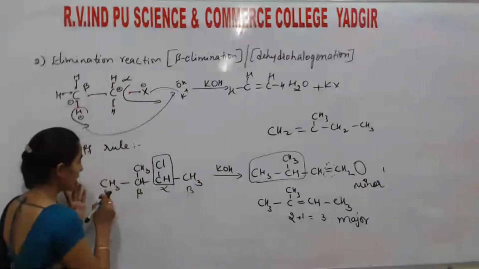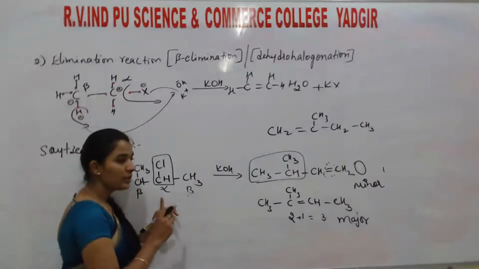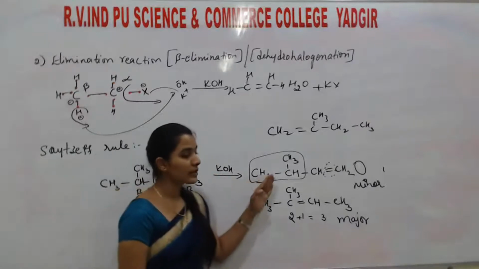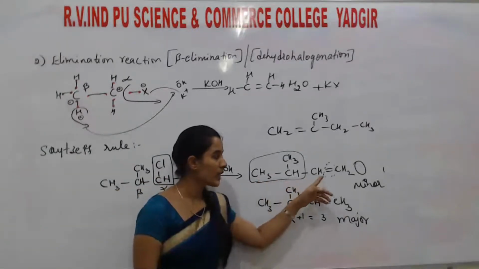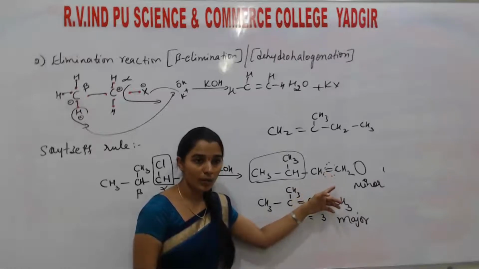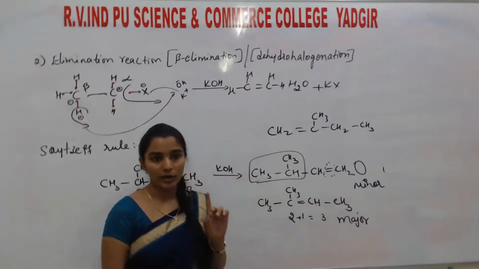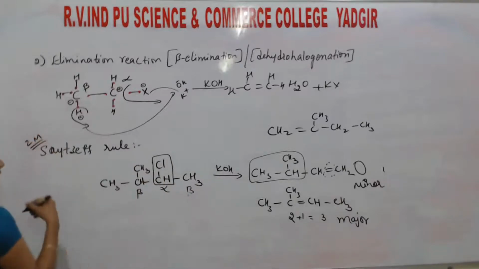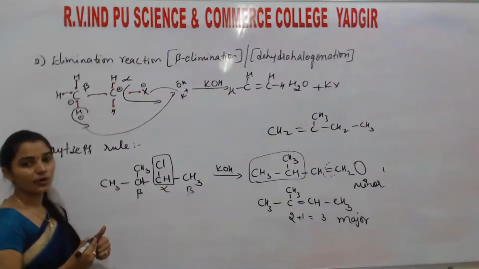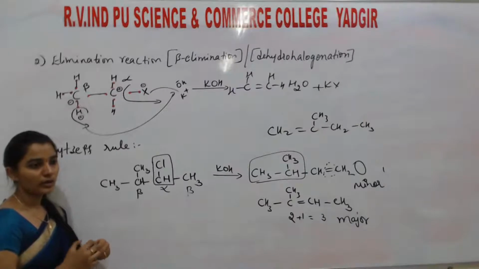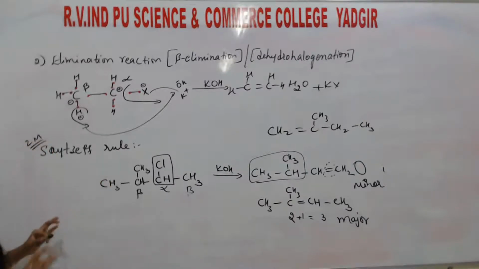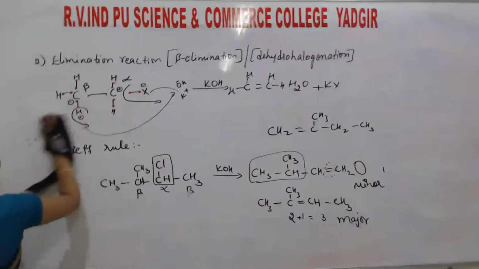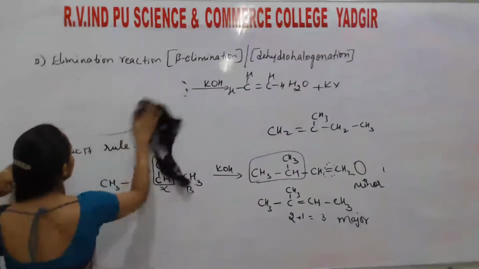If alkyl halides undergo beta elimination in presence of alcohol, then the more substituted alkyl groups on either side of the double bond give the major product. This rule is very important for 2 marks. Like the Markovnikov rule, this is also important for 2 marks. Understand? So I write what is beta elimination and what is the Saytzeff rule. Clear. Okay, friends? I write what is beta elimination first.